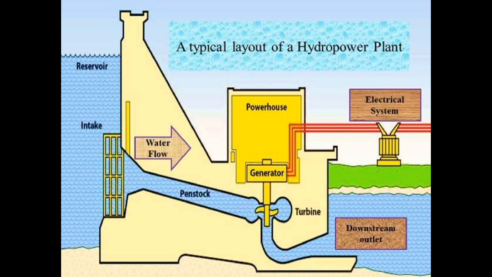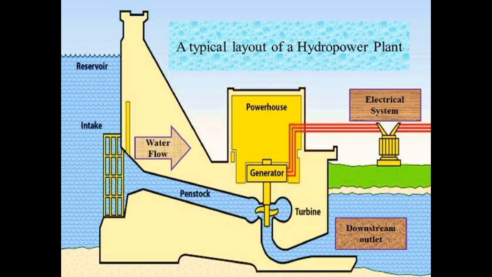Kinetic energy is generated by the turbine from the flowing water, and the turbine and the generator convert the kinetic energy into electrical energy. Once this electrical energy is collected, it is stored in the power station, that is the electrical systems.